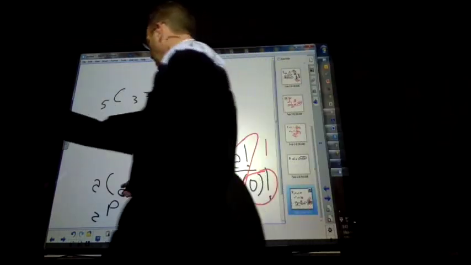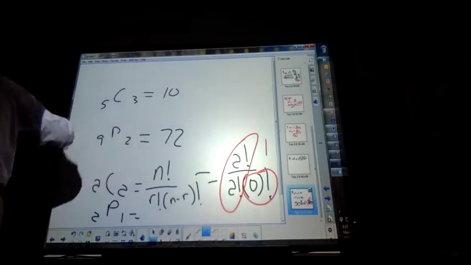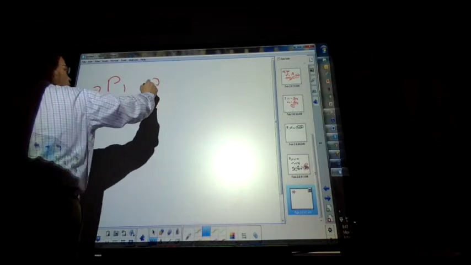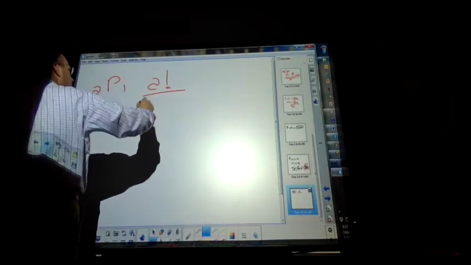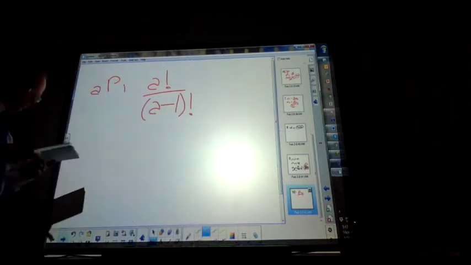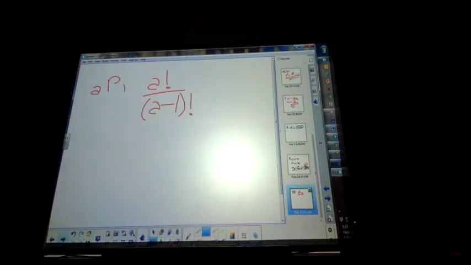And then AP1. Let's just go to the next slide. AP1. So it's going to be a factorial over a minus 1 factorial. And you just get a. How do I get a from here by definition? How do I get a for an answer?